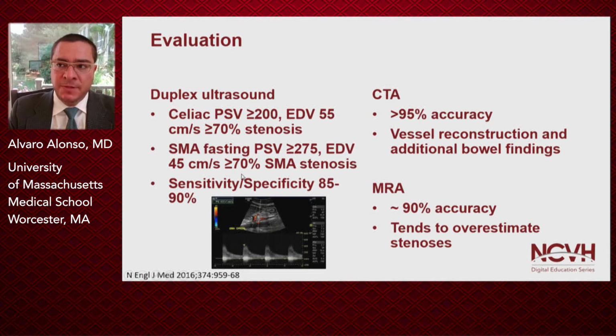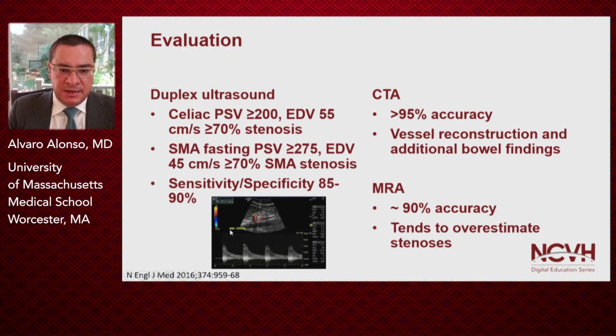And this could be a problem in people with morbid obesity or people in the non-postprandial state. Duplex criteria includes a peak systolic velocity of greater than 200 centimeters per second. You could add end-diastolic criteria to increase the specificity. Or in the celiac artery, a peak systolic velocity that exceeds 275 centimeters per second, as depicted here.